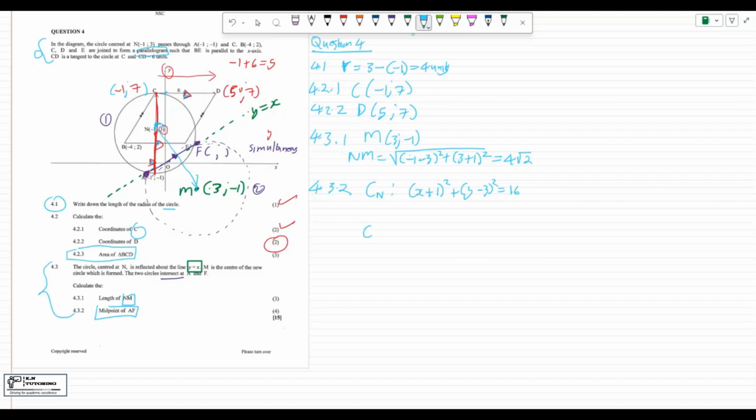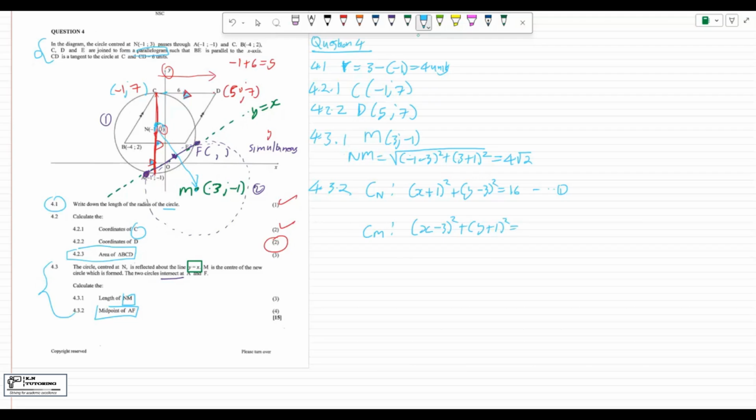Then I'm going to go for the circle with center M. I'm also going to find the equation. So this is my equation 1. And then x minus 3 squared plus y minus minus is going to be y plus 1 squared. It also has the same radius. How do we know?